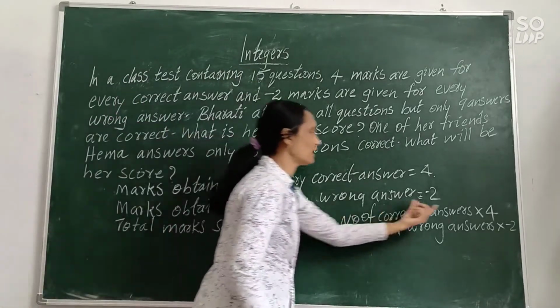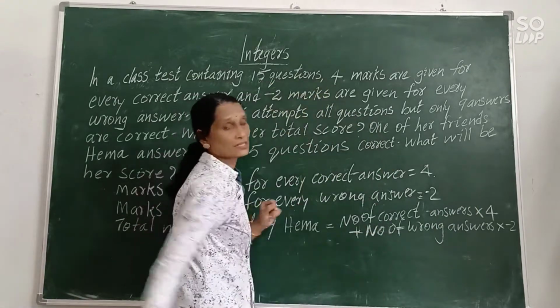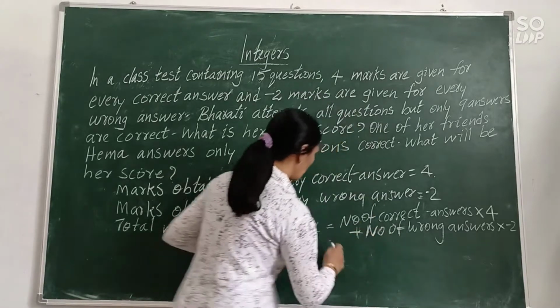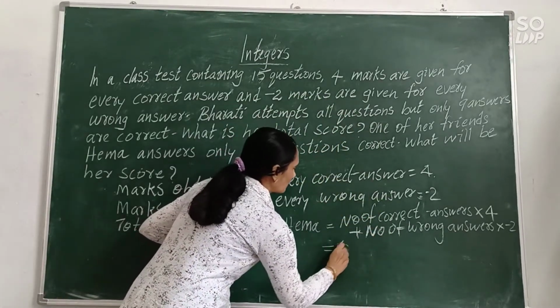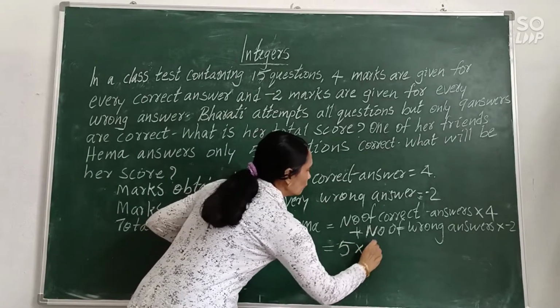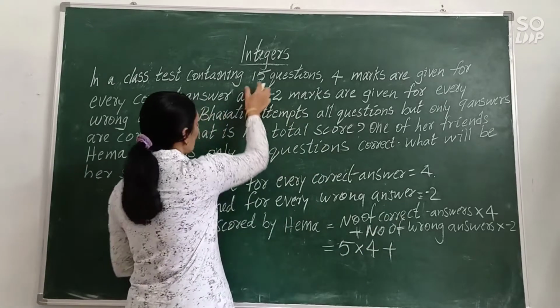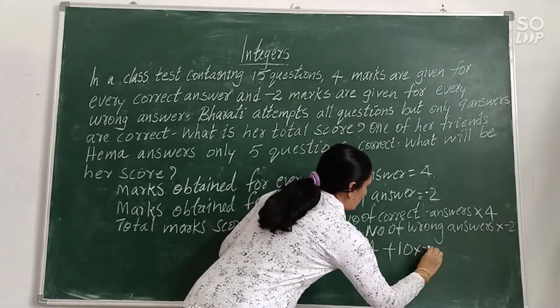So we know how to do it. Number of correct answers into 4, because each correct question gets 4 marks, plus number of wrong answers into minus 2. So let us do number of correct answers 5. Okay, 5 into 4 plus number of wrong answers, total 15, 15 minus 5, that means 10 into minus 2.